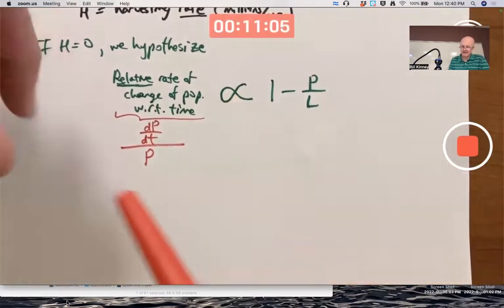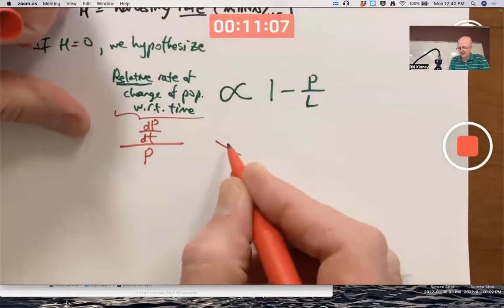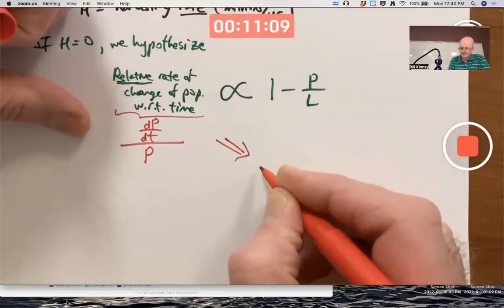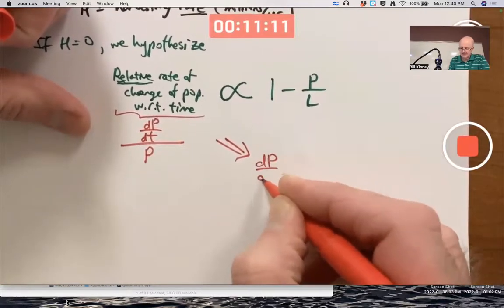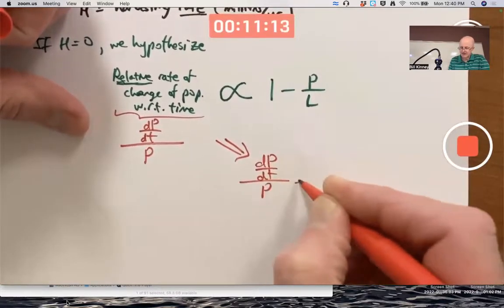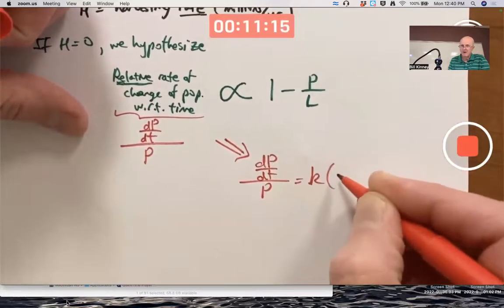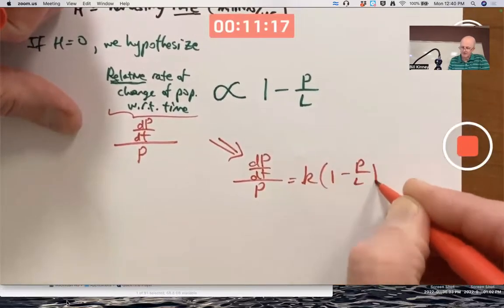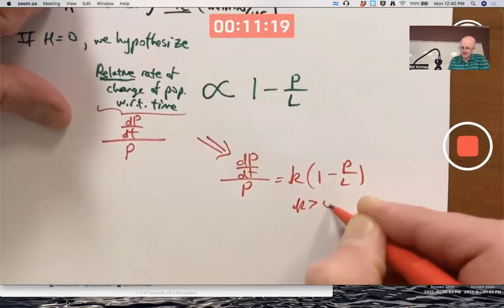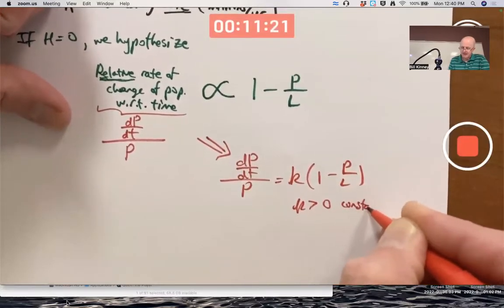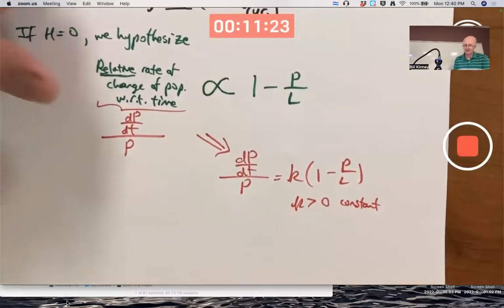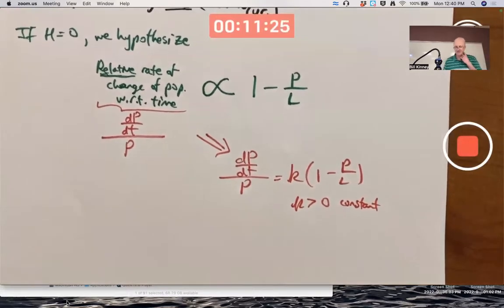Having a proportionality means there's a constant of proportionality that gives you equality. You could say dP/dt over P is some constant times 1 minus P over L. K is a positive constant. And then you could multiply both sides by P to get your differential equation.